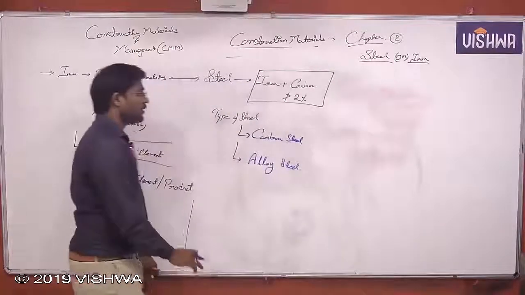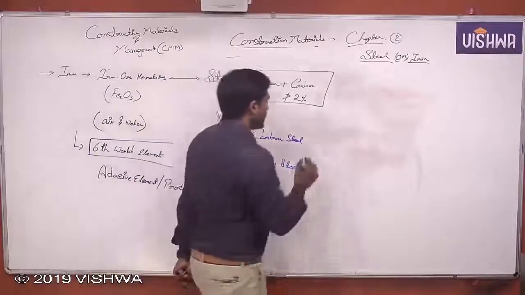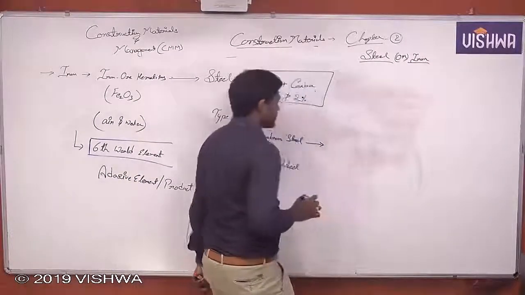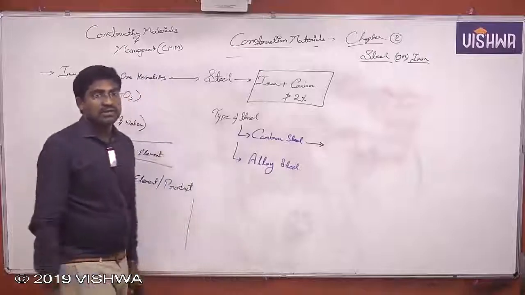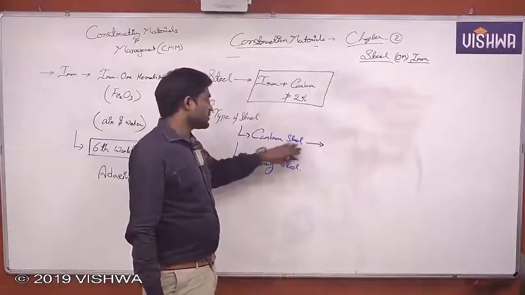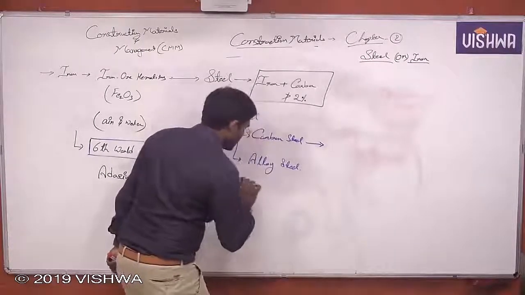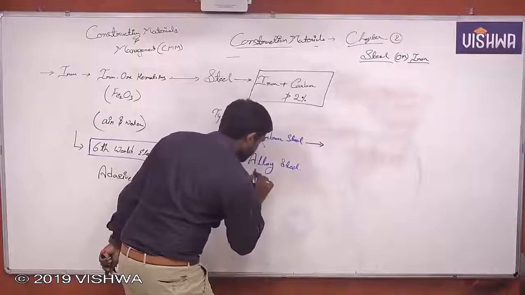In detail, carbon steel is the material which is associated only with carbon. When we go with alloy steel, it is further classified into three types.